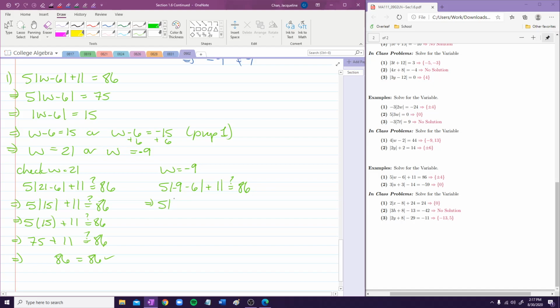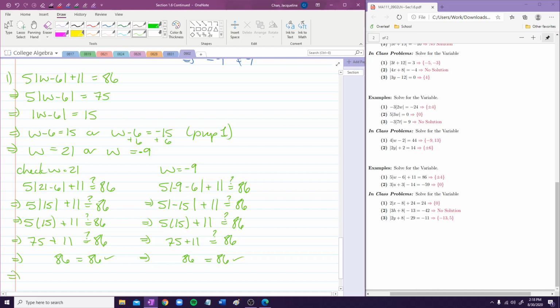Negative 9 minus 6 is negative 15. When the signs are the same, so minus and minus, you can add them. It just means it's getting more negative. The absolute value of negative 15 is 15. So this is 75 plus 11. Does this equal 86? Then we get 86 is equal to 86.